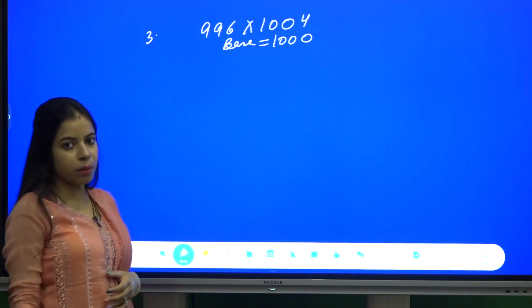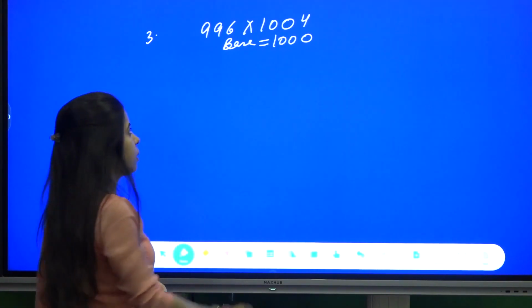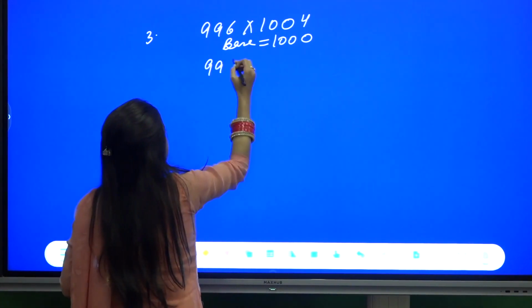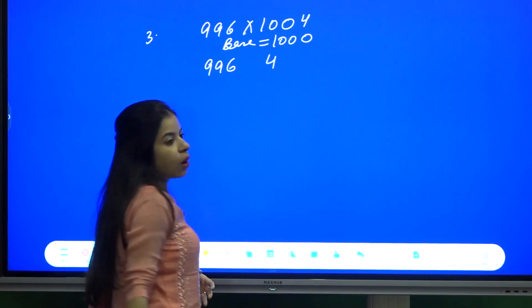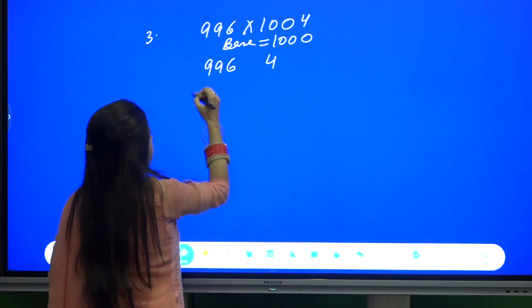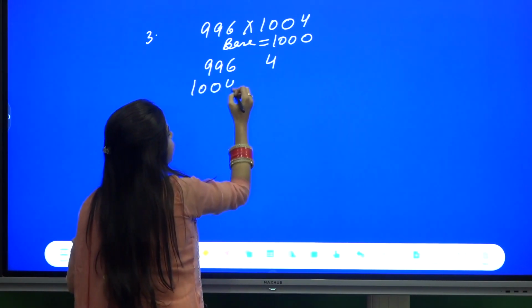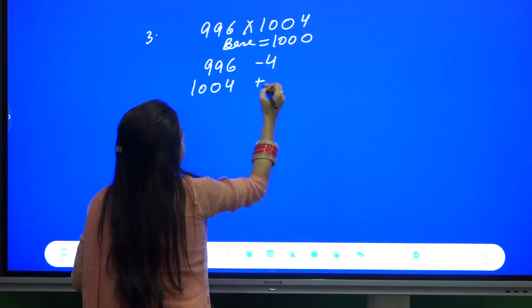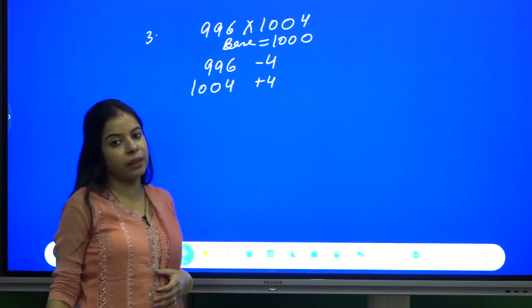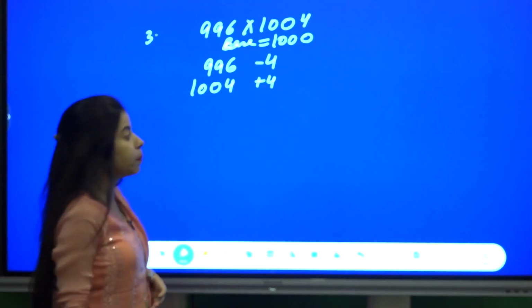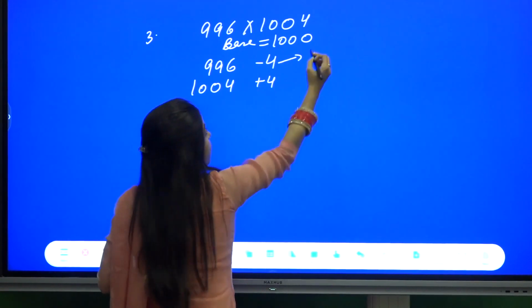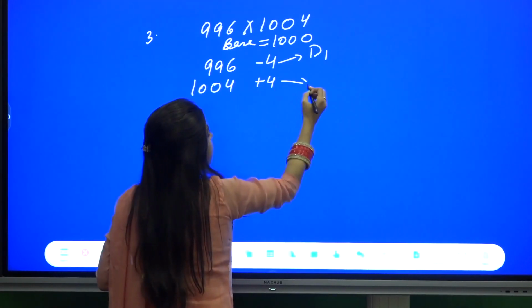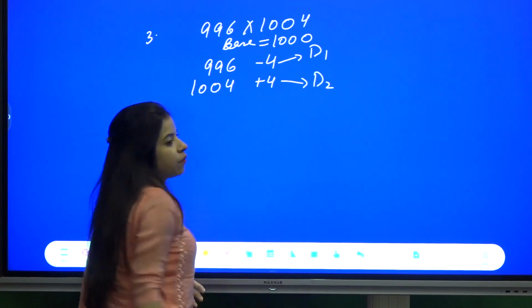Both the numbers are closer to 1000. 996 is 4 less than 1000 and 1004 is 4 more than 1000. Remember, these signs are very important. So minus 4 here is deviation 1 and plus 4 here is deviation 2.